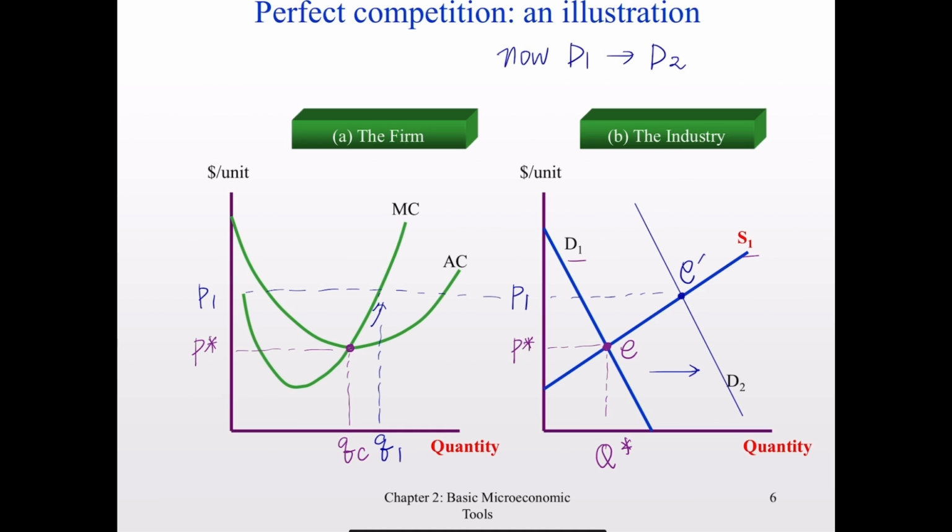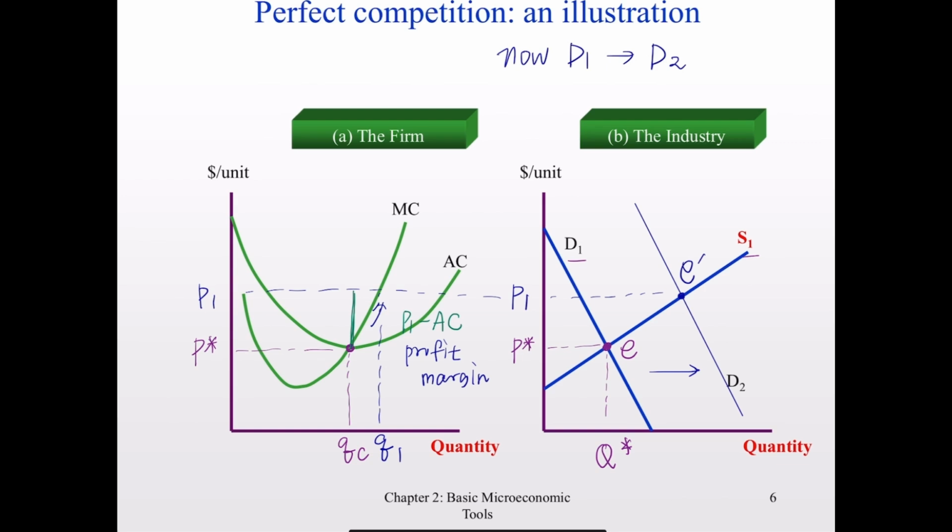Then as time goes by, in a perfectly competitive market, there is free entry and exit. So the situation of a higher price and increased production by existing firms will likely lead to excess profit in the short run. This gap would be P1 minus AC. What is that? Profit margin. Do you understand?